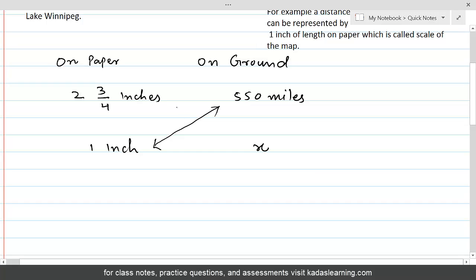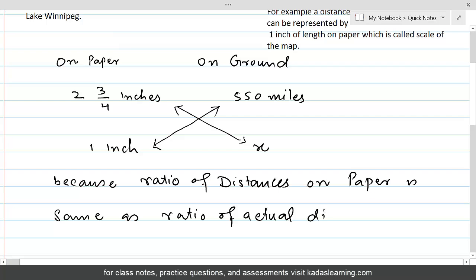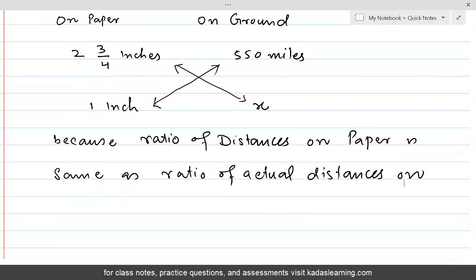So that's why we can perform this cross multiplication, because ratio of distances on paper is same as ratio of actual distances on ground.